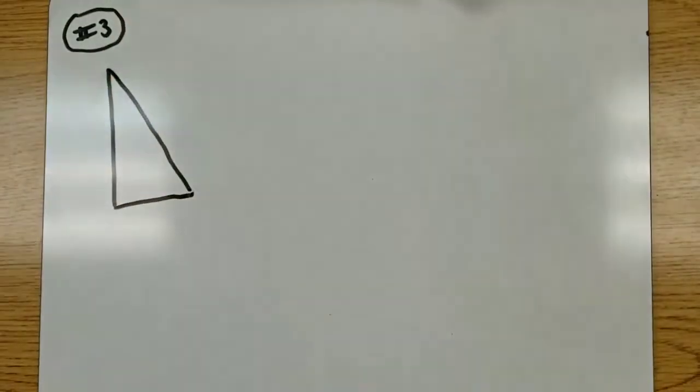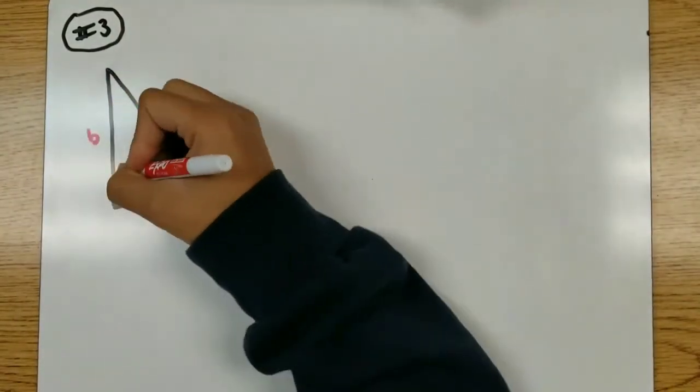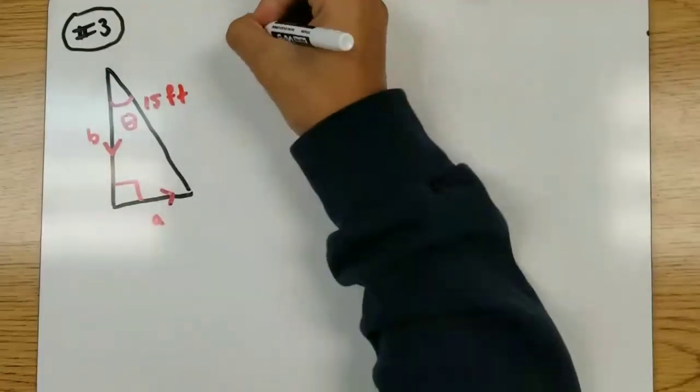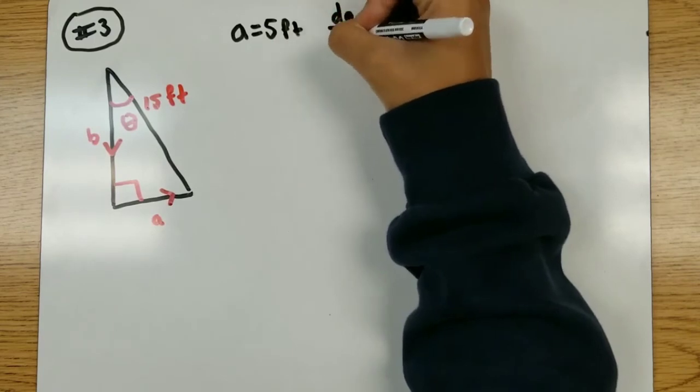This situation can be represented by a right triangle where A represents the base, B represents the leg, theta represents the angle in question, and the hypotenuse is 15 feet long.